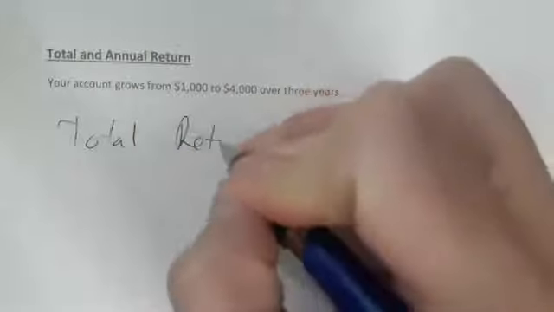So now I want to talk about total annual return. So your account grows from 1,000 to 4,000 over 3 years. So the first thing is the total return. Total return is exactly sort of like you might expect. If I want to know my total return on this, it is the relative difference of the two amounts.